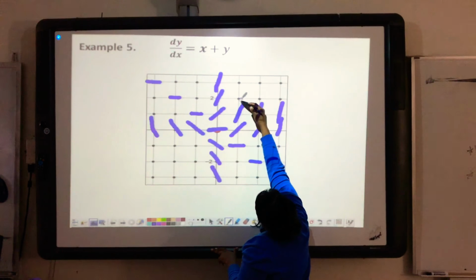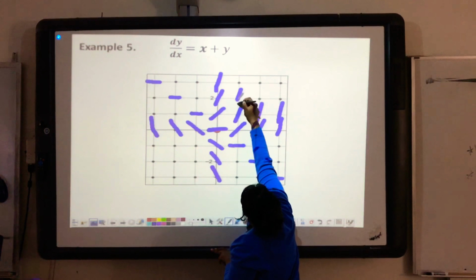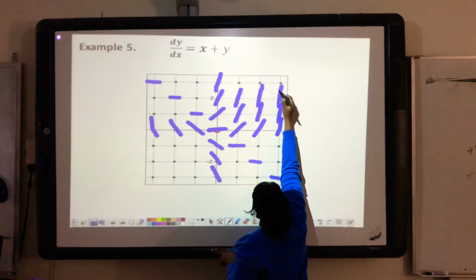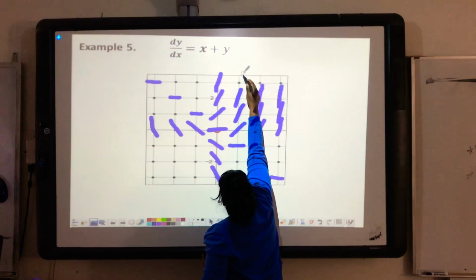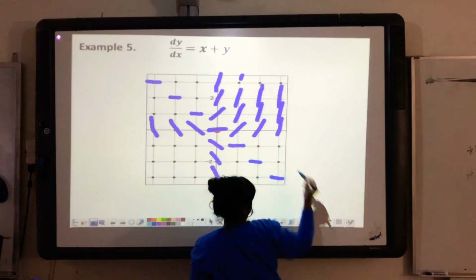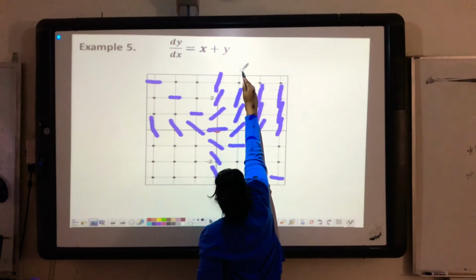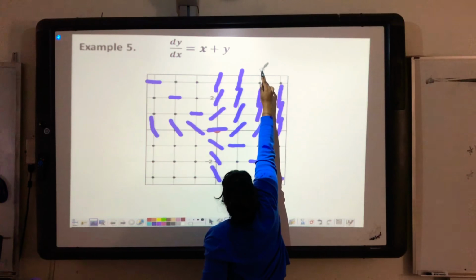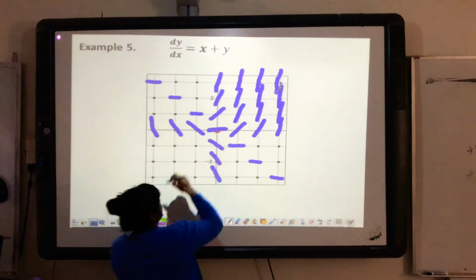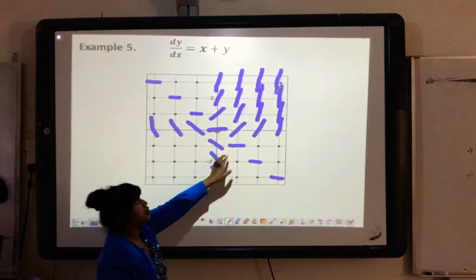This is 1 and 2, so 3. 2 and 2, so 4 and 5. 1 and 3, 4. Ooh, that's not really 4, it's more like 3. And 5 and 6. And then you can continue on and so forth, and you would just do each value.